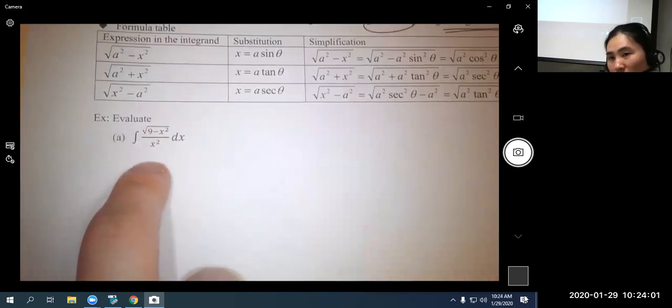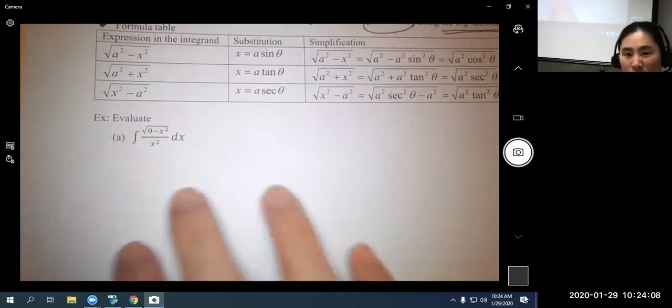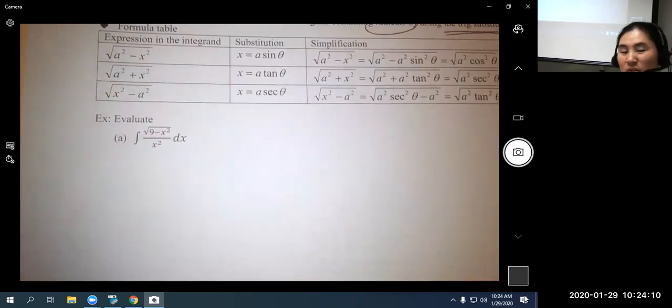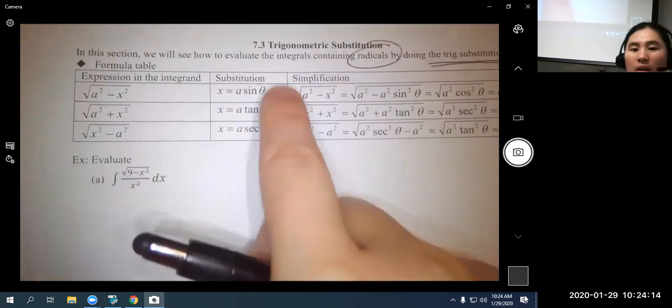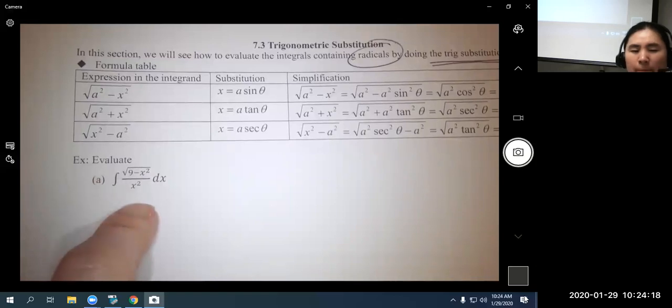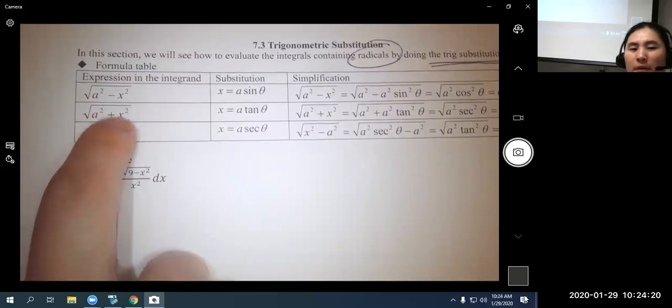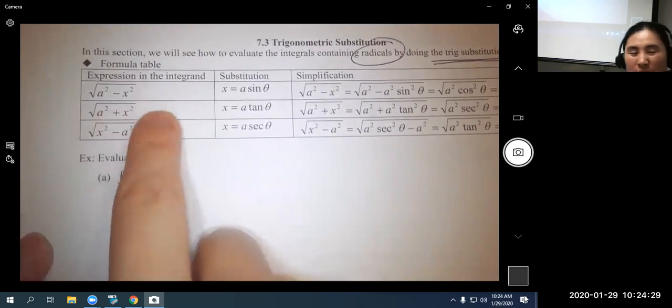You don't have to worry about there being so many rules and which rule to choose. I will let you know for sure. What you need to prepare from each section is, for this question, I'm going to use a trig substitution. Remember the specific case and then apply it to the specific case. That's it, okay? So hopefully that helps you prepare for your exam.